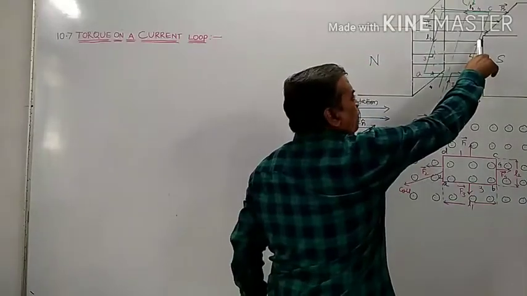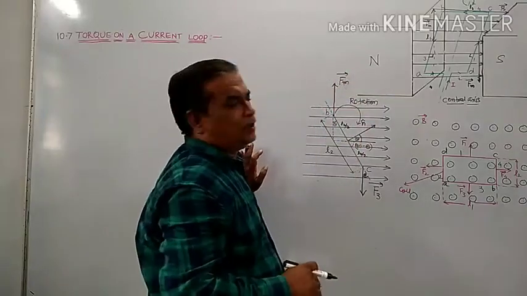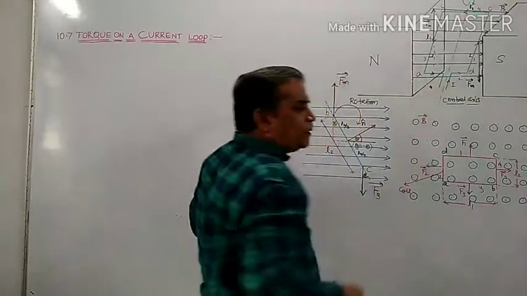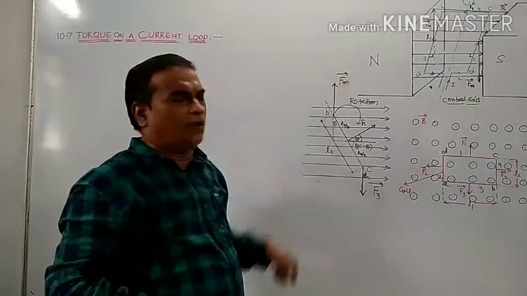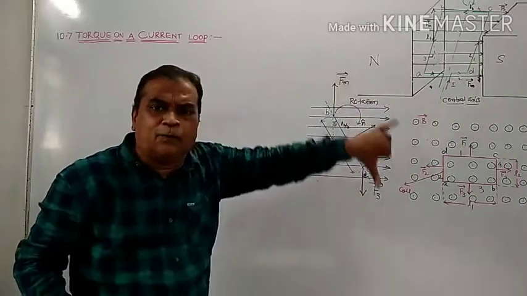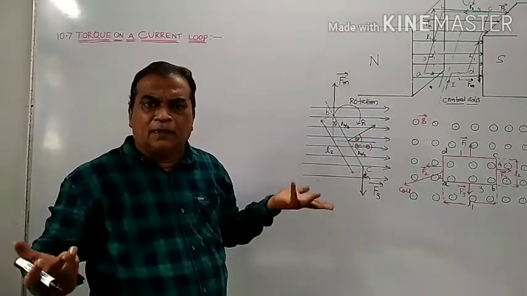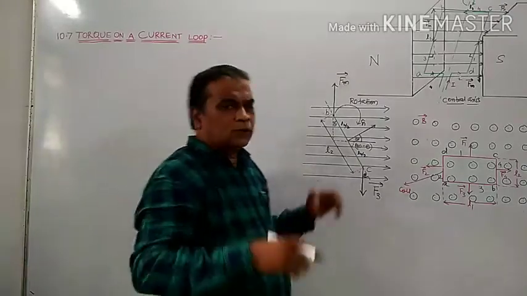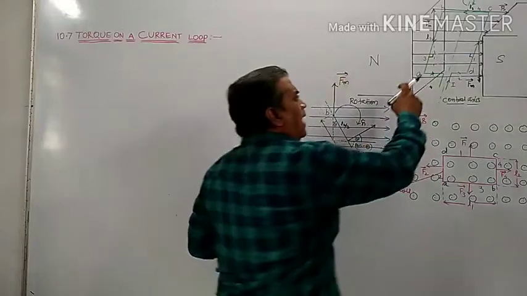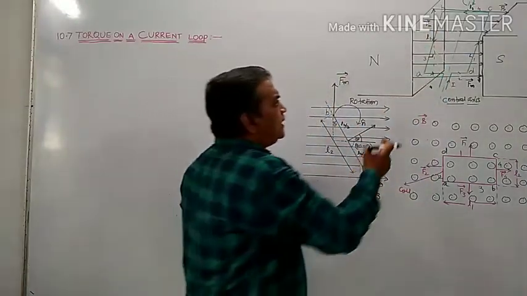So the magnetic force on the segment CD is in the downward direction. So on the segment AB, magnetic force is acting upward, and on the segment CD, magnetic force is pointing downward.